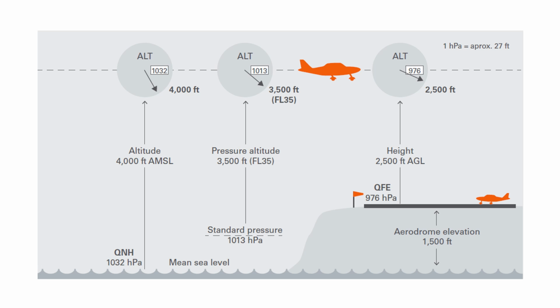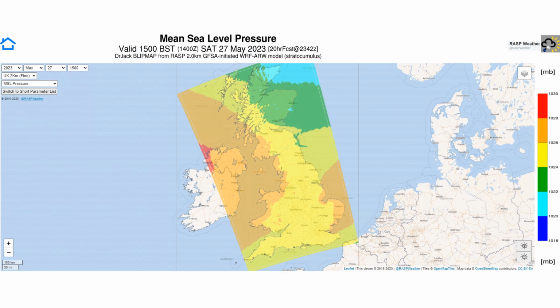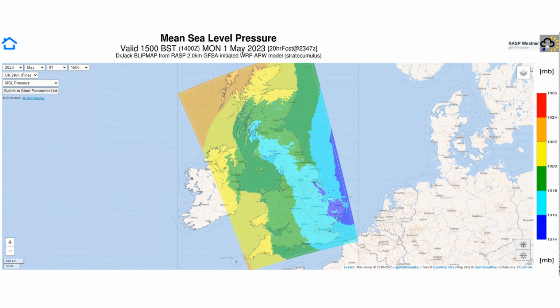You probably need to spend a little time thinking about airways and what happens when we have a period of high pressure in the UK versus when you might be flying in a low pressure, perhaps post-frontal day. These graphics, taken from the RASP weather forecasting system, show how pressure can be as high as 1025 or more on some days, or as low as 1015 or so on other days.